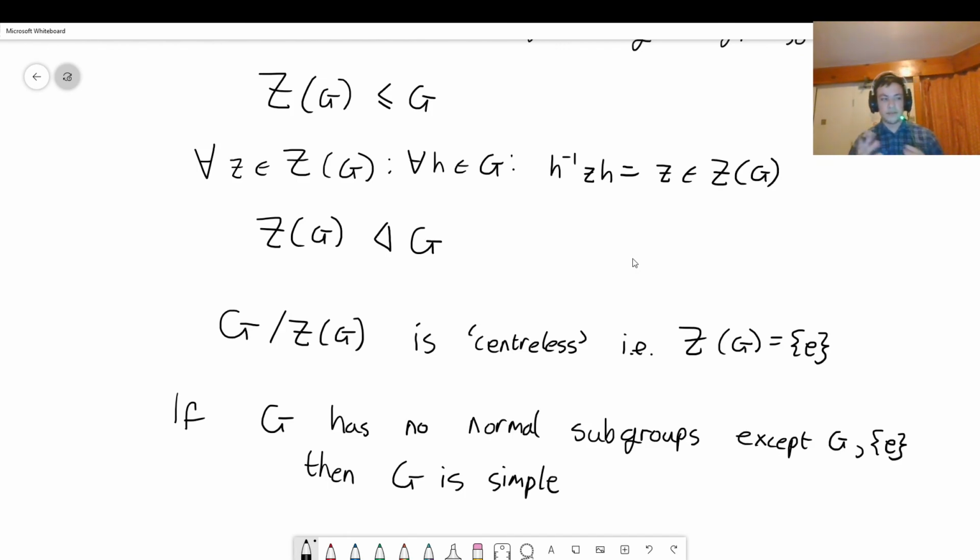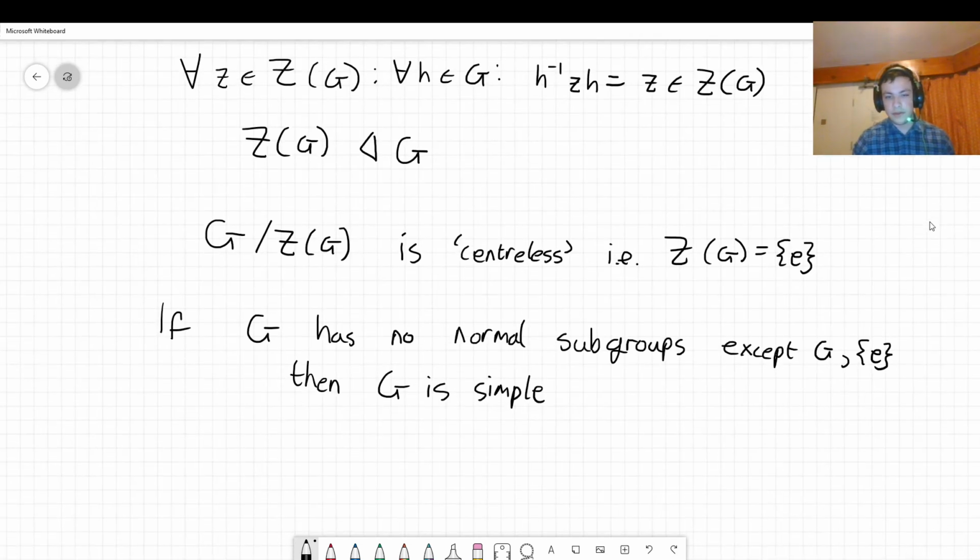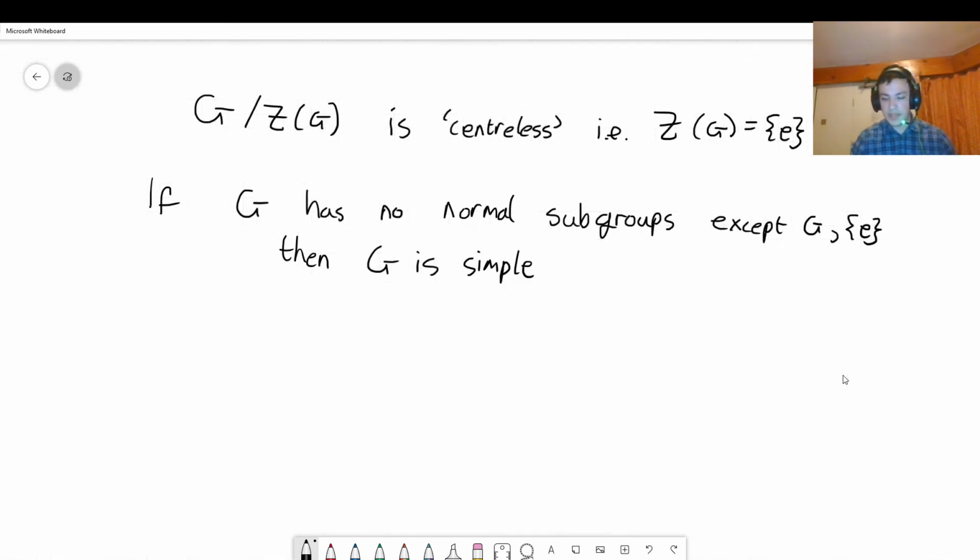So G is simple, and there is a complete classification of finite simple groups, which I think concludes this lecture.